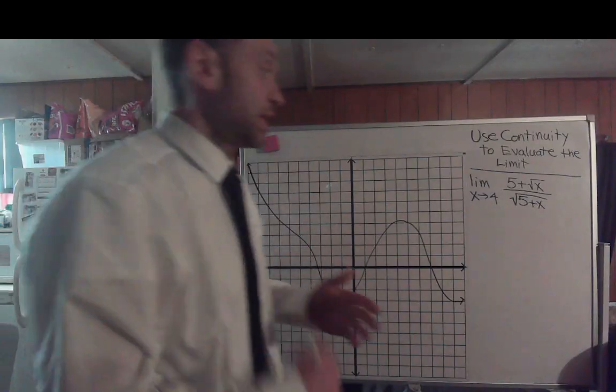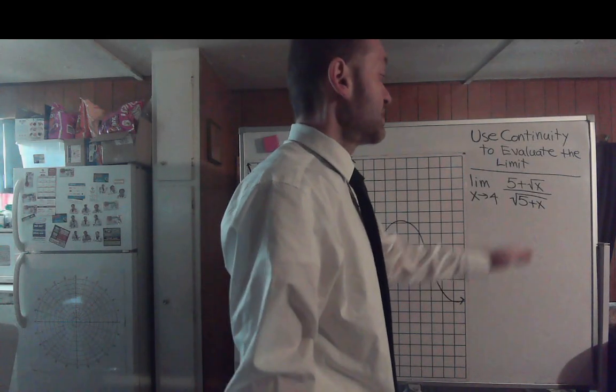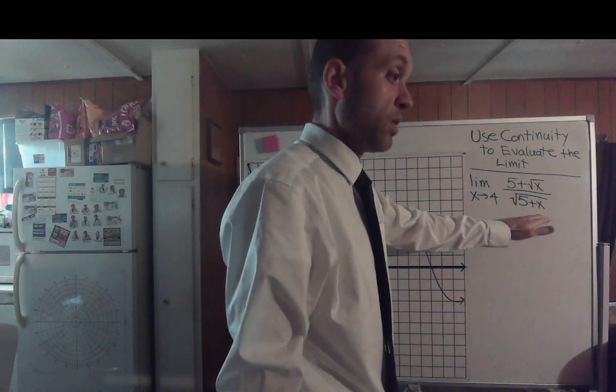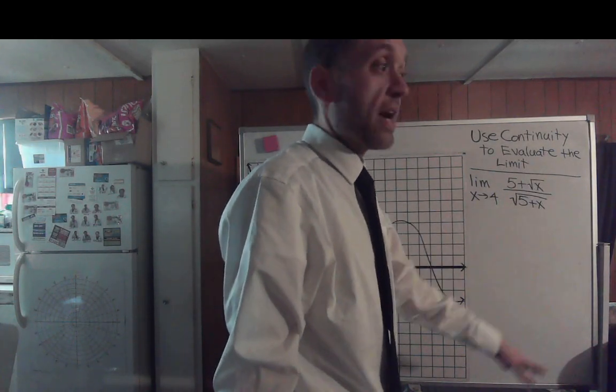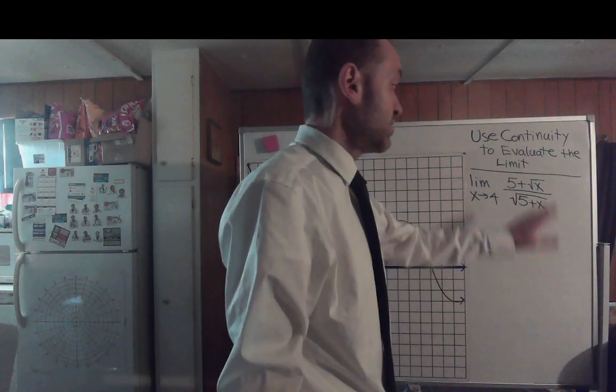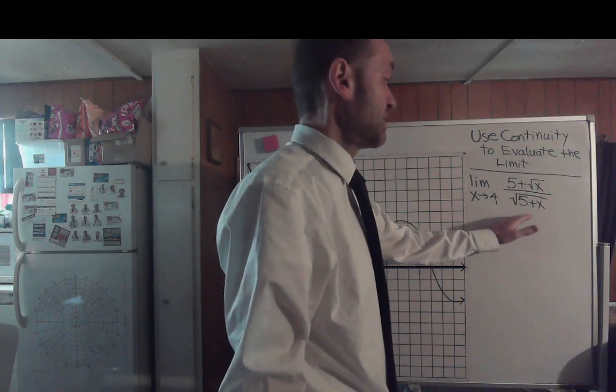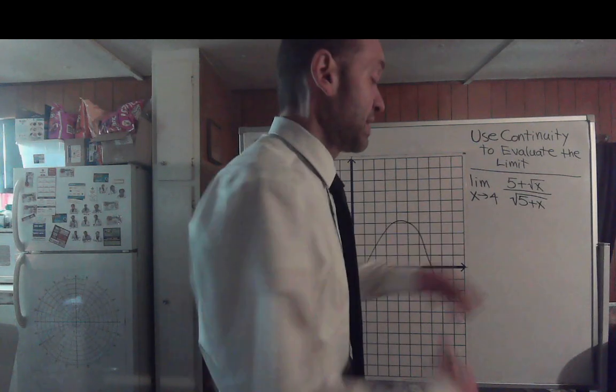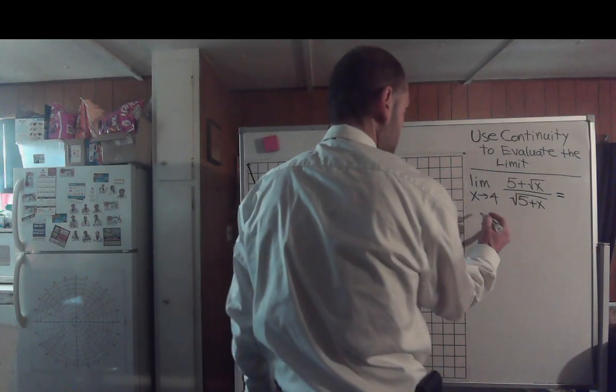Well, if we look at this function, it's defined when x equals 4. We don't even need to use rationalizing or any of that. We can do direct substitution because this function is continuous when x equals 4.